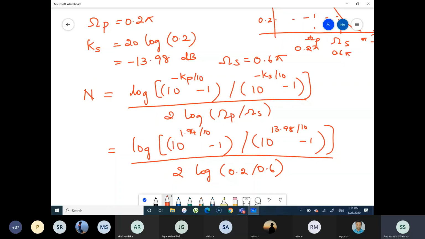It is log to base 10. So when you're using it in the calculators, be a little careful with that.